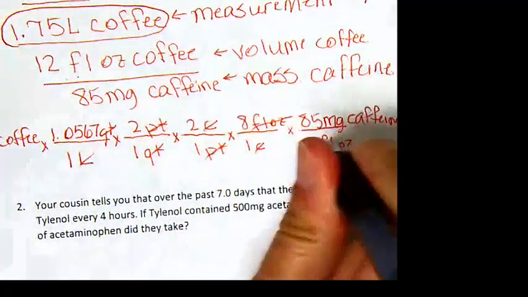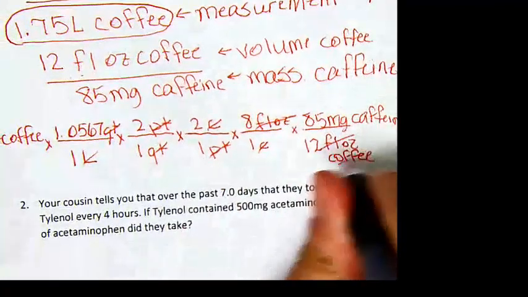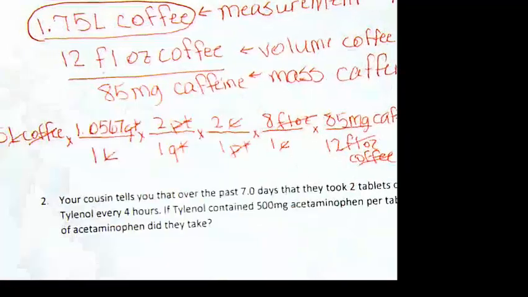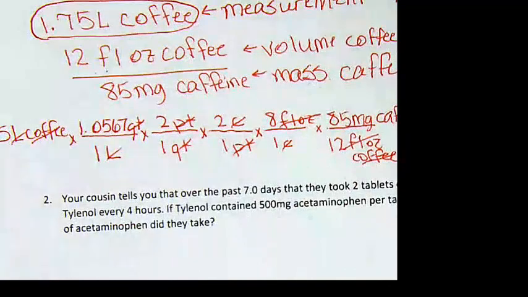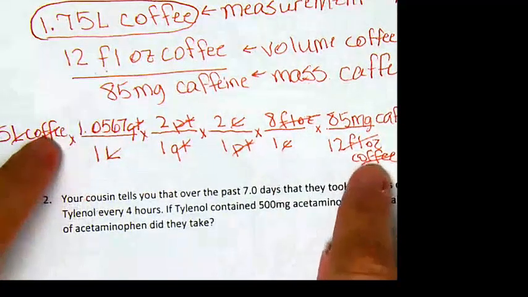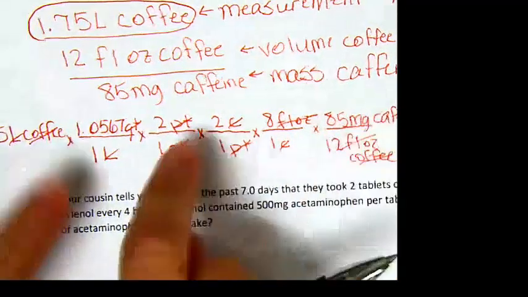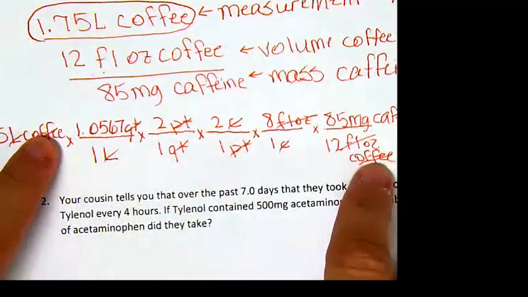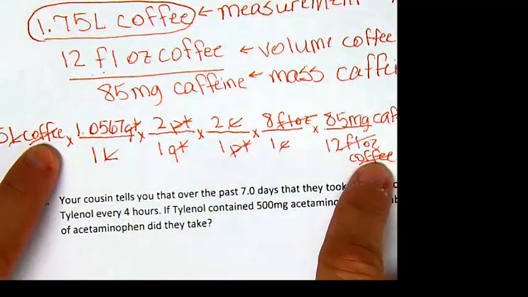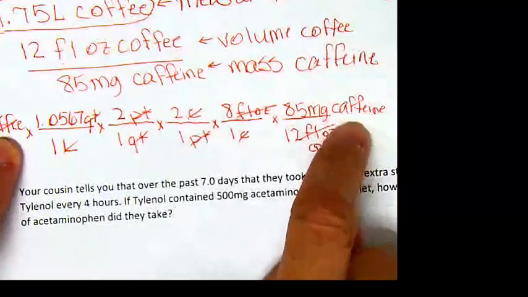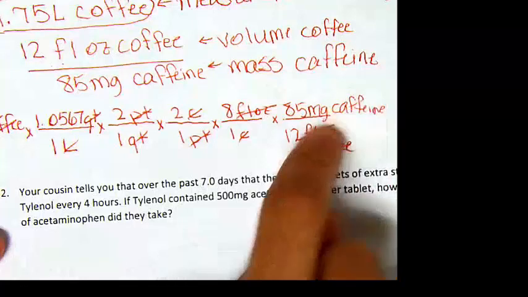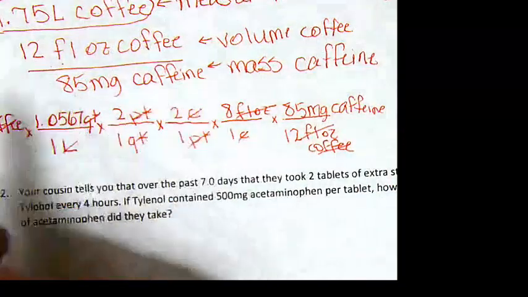So fluid ounces cancels, but also the word coffee. I wrote coffee way over here. The word coffee cancels. So a word can cancel, and if you're trying to talk about a piece of a mixture, at some point you're going to have to line up the mixture information to cause it to cross out and allow you to start looking at one of the things in the mixture.